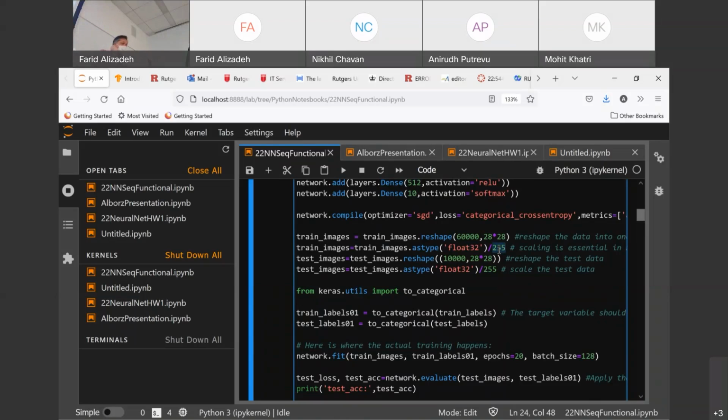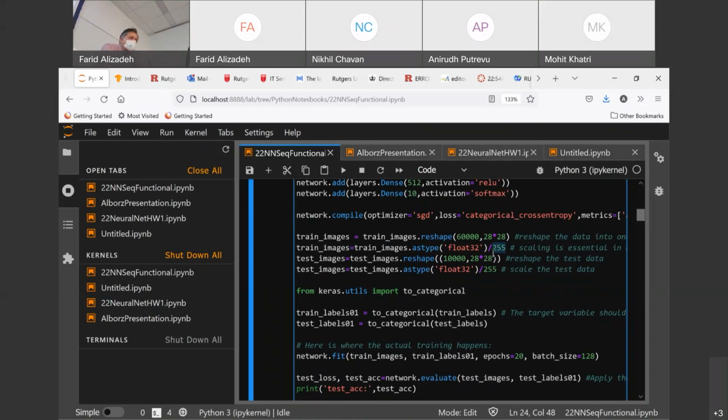Now, in the case of images, we are lucky because we know the images are pixel intensities. Also, especially in neural networks, it's better to scale to either 0 to 1 or -1 to 1, depending on the situation. So the absolute value of the numbers should be kept between 0 and 1.